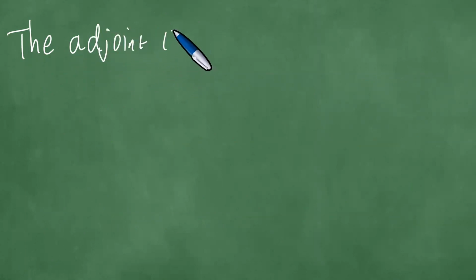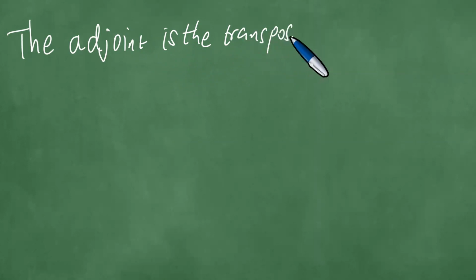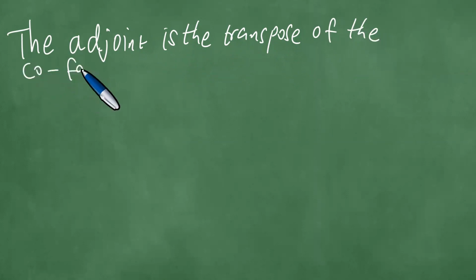Now there's something we call the adjoint, which is the transpose of the cofactor matrix.